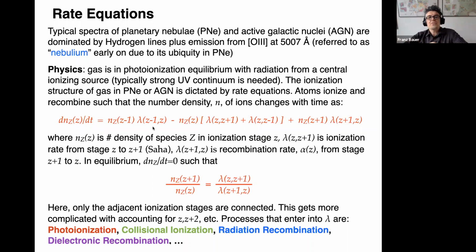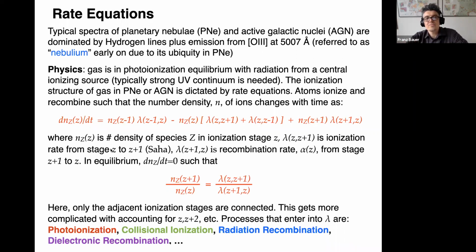And so this whole detailed balance is how we would be able to understand the physics of these particular nebulae. In particular, this nomenclature is a little weird with this lambda, which isn't the photon, it's the ionization rate.